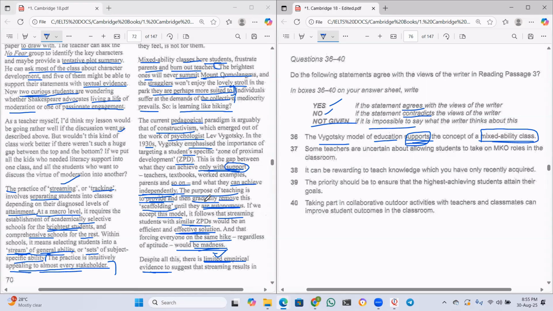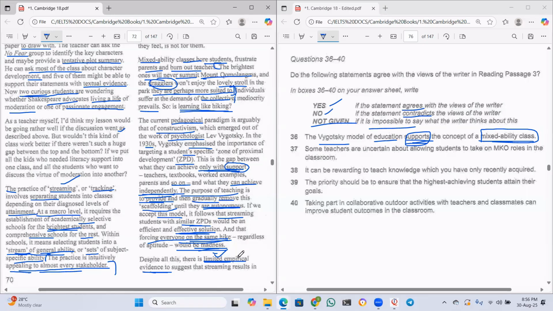Or not given? Here he says the gap between what they can achieve only with the support of teachers, textbooks, parents, and so on, and the purpose of teaching is to provide and gradually remove the scaffolding until they are autonomous. If we accept this model, it will be an effective solution, he says. Otherwise, it will be madness, and forcing everyone on the same hike would be madness. Forcing everyone on the same hike means this mixed ability class. Here we have bright students, and here we have stragglers who are taking a stroll in the park.